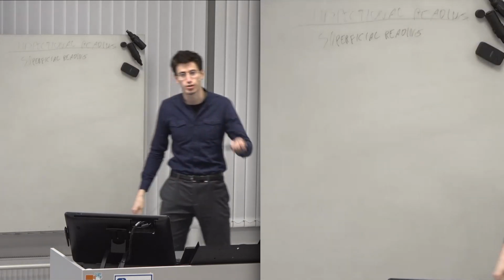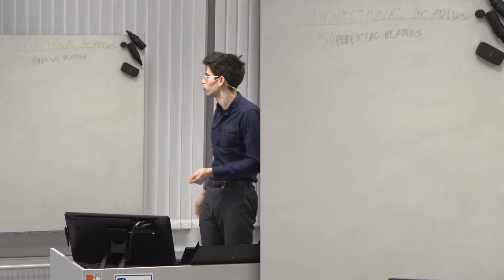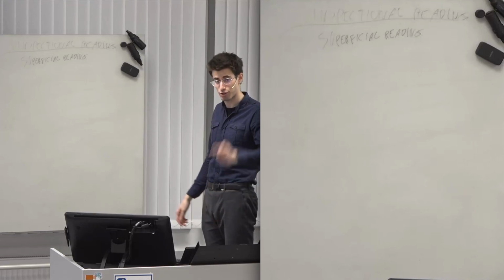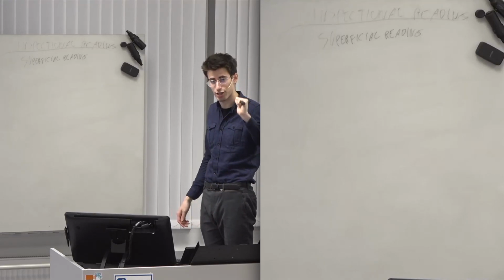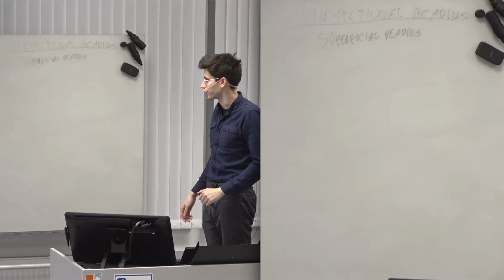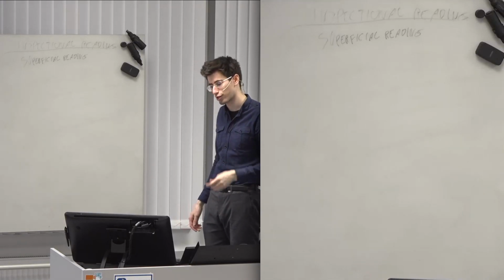So you have inspectional reading, and inspectional reading has two parts. The first part, systematic skimming or pre-reading a book, and then the second part is superficial reading.